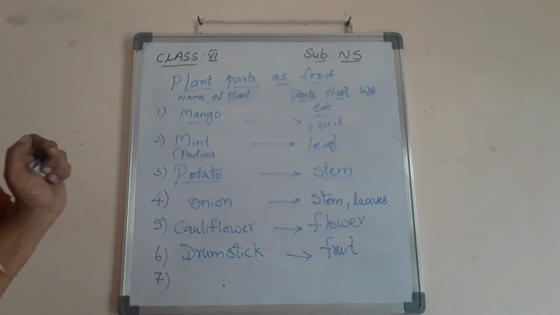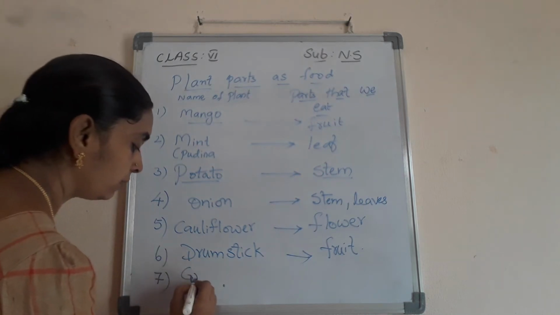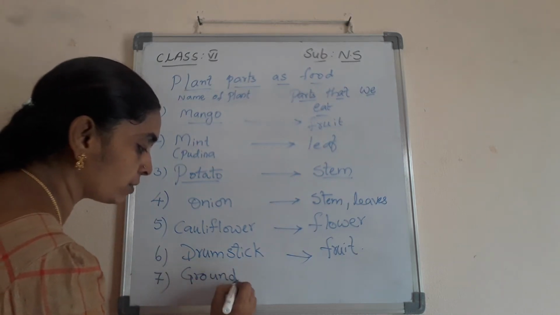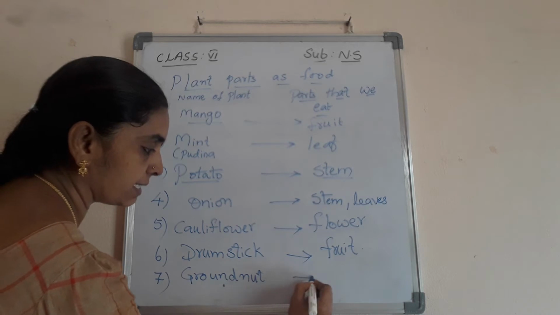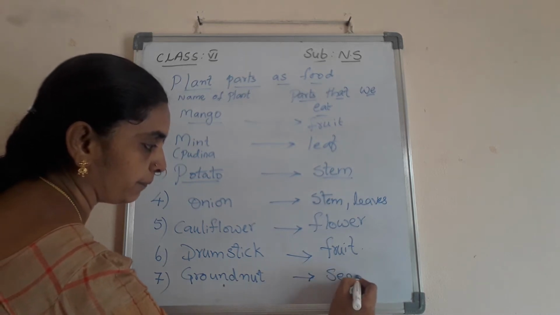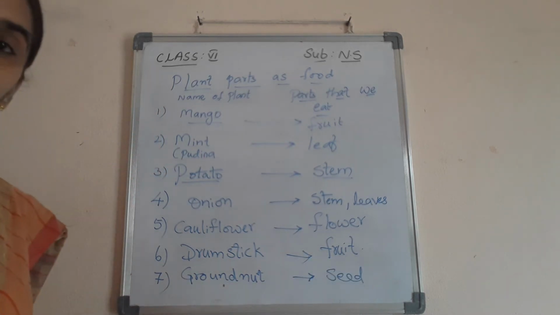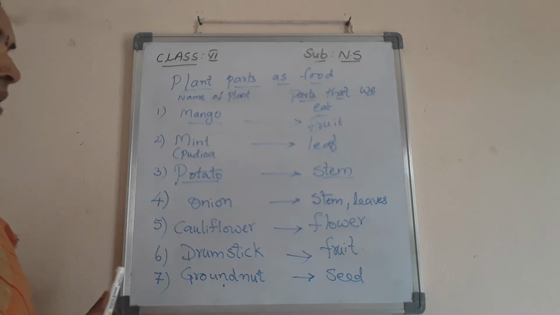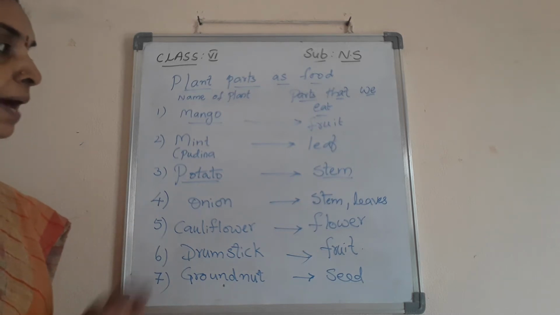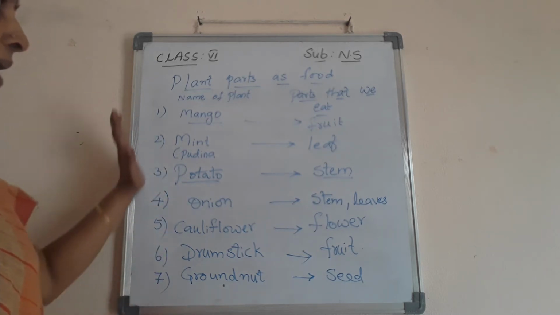Next, it is groundnut. If it is a groundnut, which part are you going to use as your food? Seeds. Seed part. Okay, children, note down in your notes so that it is clear which parts you are using as your food.